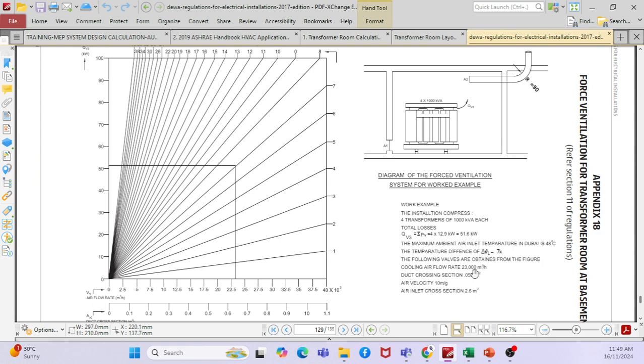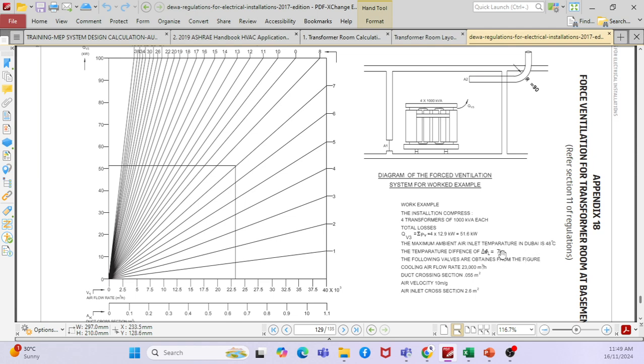Plus 7 degrees. So 46 plus 7. The value is given in the DEWA guideline as well: 48 degrees Celsius. If you go to the standard, 46, but DEWA is considering 48 degrees Celsius. So what is the temperature difference? Maximum 7. So that means 48 plus 7 degrees Kelvin. Okay, so this is the temperature difference.